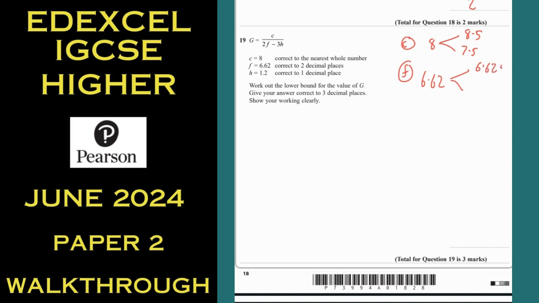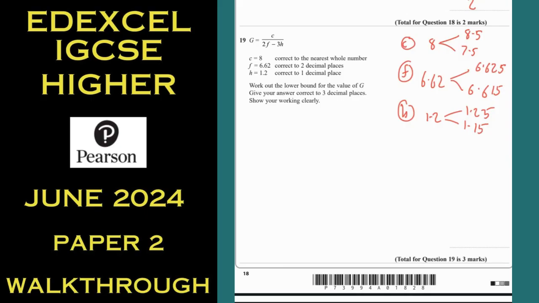So 6.625, 6.615. Then we'll do a similar for H, but 1 dp means we look at the second, we stick a 5 on at the end and take a 5 off at the end. So we get £1.25, if that's how you prefer to think about it, and £1.15.